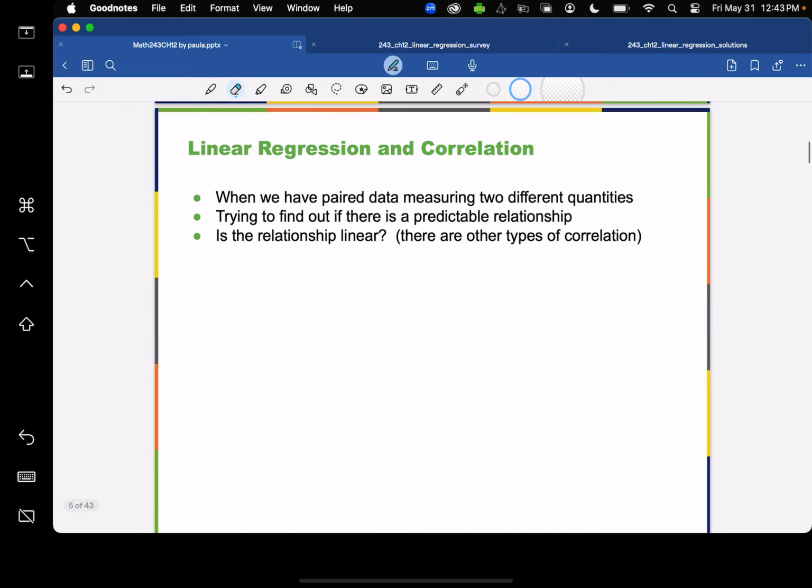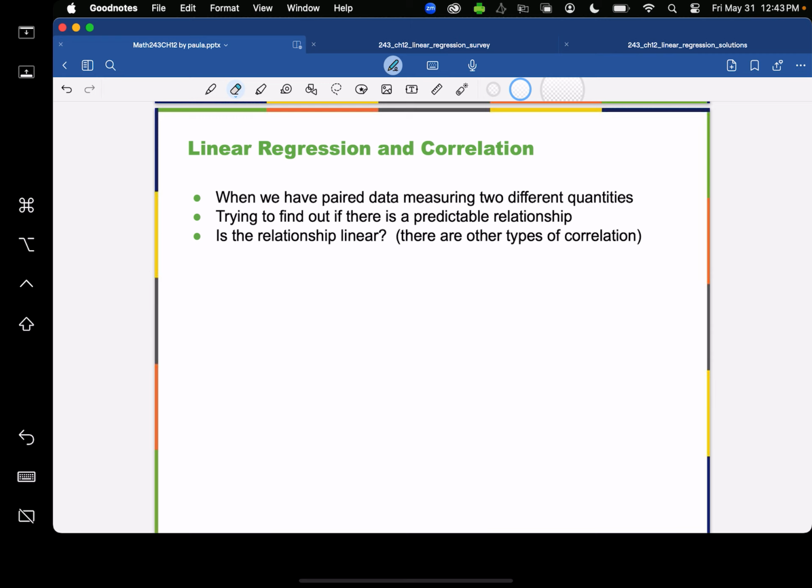When we have paired data measuring two different quantities, so that's exactly what this is for, we're measuring how well you did on the homework, and then we're comparing it to how well for each individual did they do on the midterm. Or to go back to the previous example, for each car we measure how much it weighs and what its fuel efficiency is.